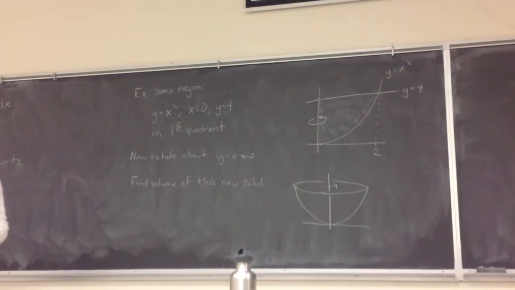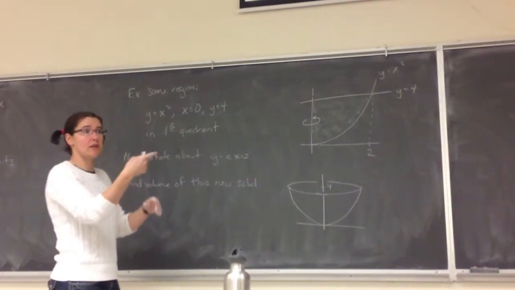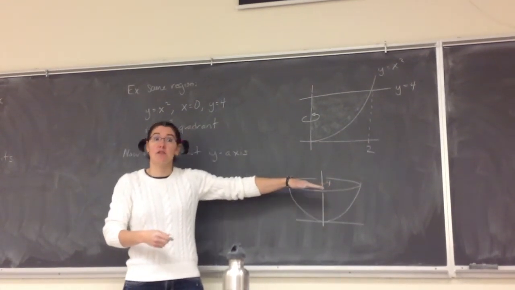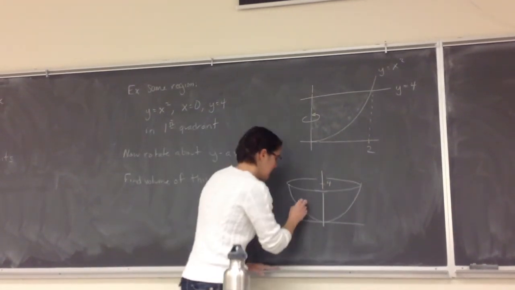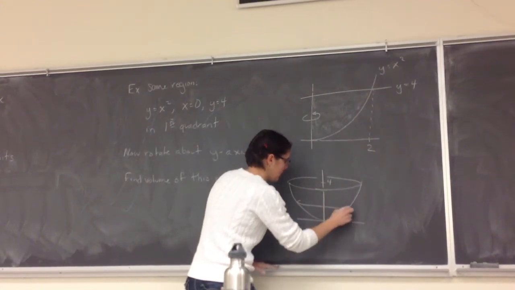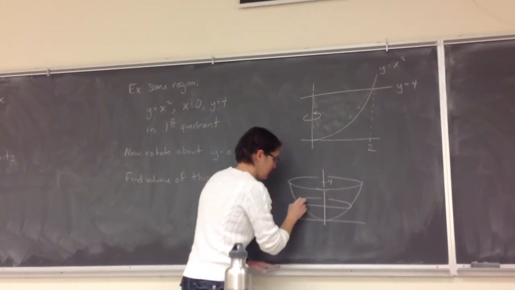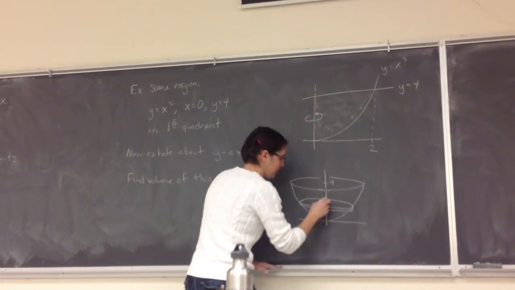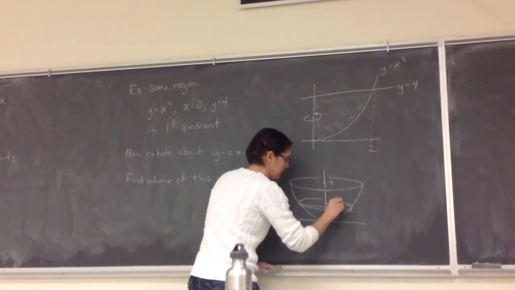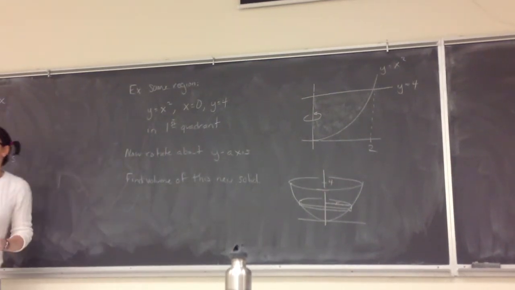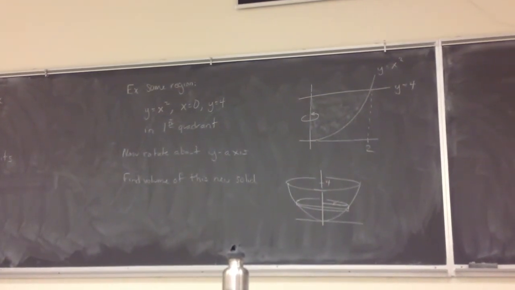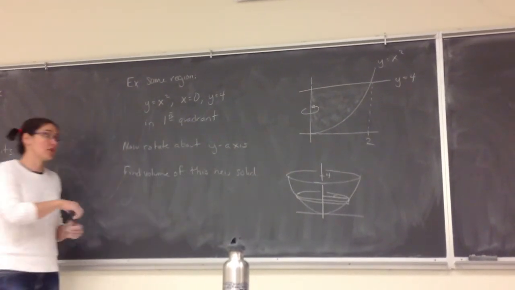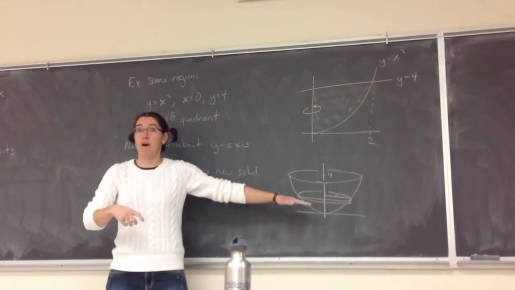Now, in this case, because we're rotating around the y-axis, my slices are going to be perpendicular to the y-axis. A standard slice is going to be somewhere in the middle here. In this case, our standard slice does not have a hole in the middle, so it is going to be a disc rather than a washer.